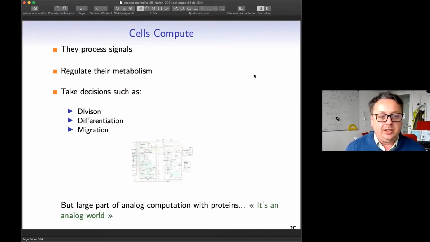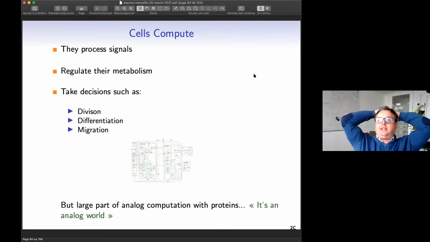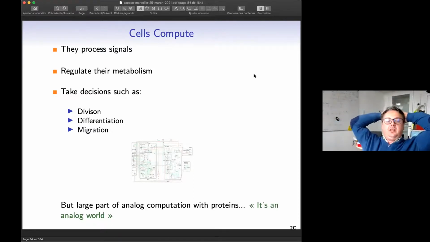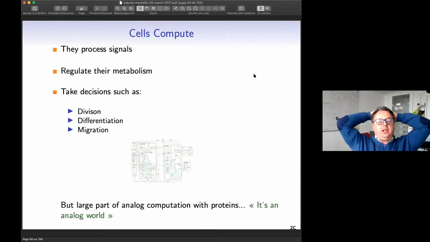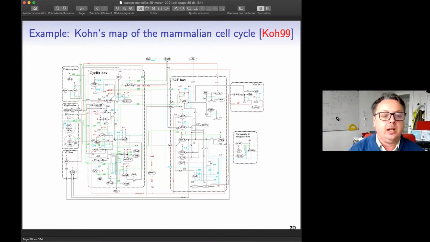The motivation is to go to computations by cells in biology and observe that in nature, cells compute. They process signals, they regulate the metabolism, they take divisions, differential migrations. And if you want to describe a system, you could go naturally to an ordinary differential equation.